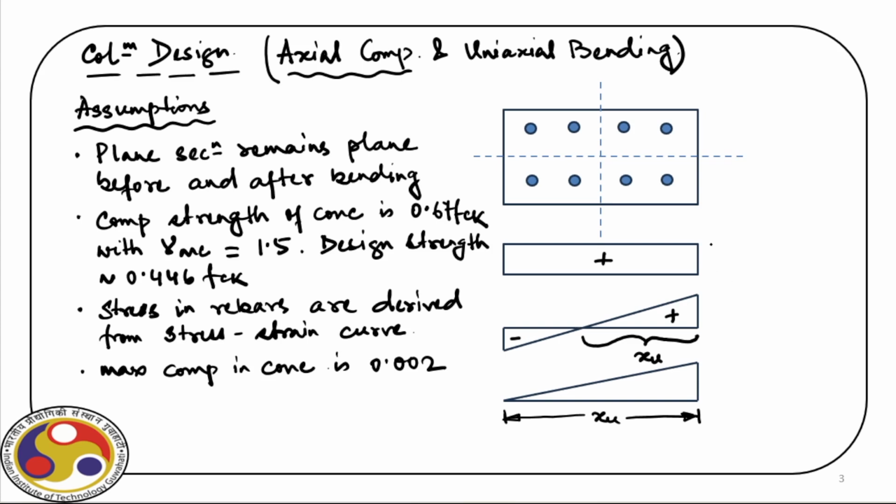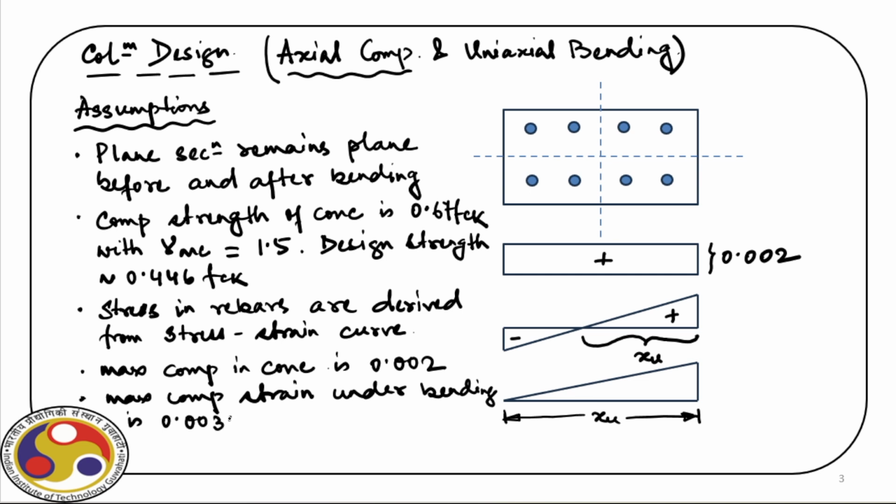So here this value is 0.002. This is under axial condition, right? Next, maximum compressive strain under bending is 0.0035. So that means this one is 0.0035.